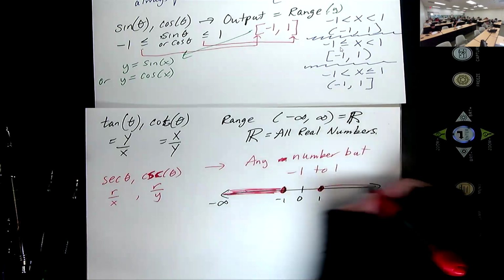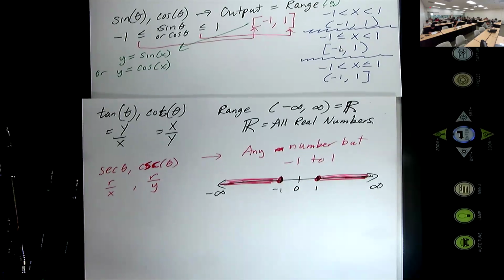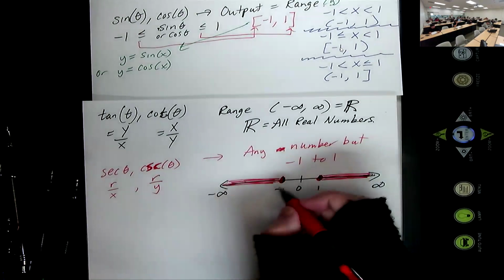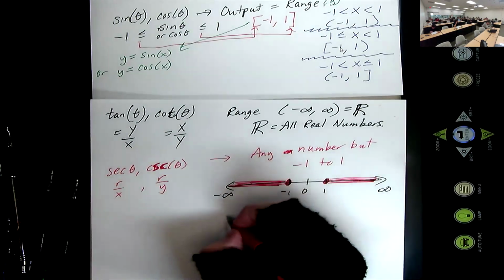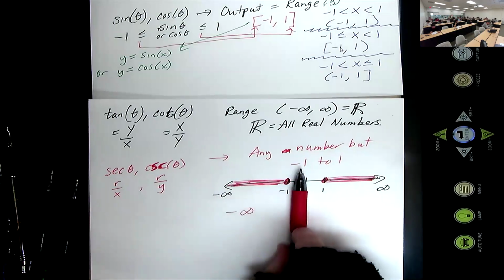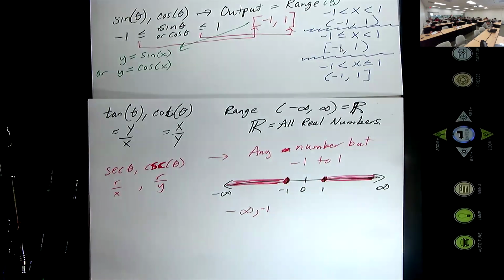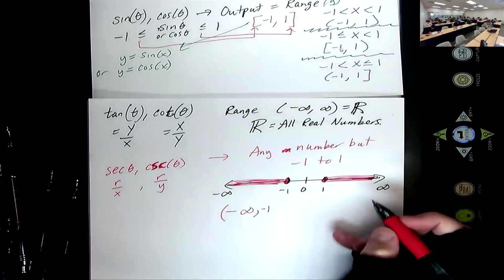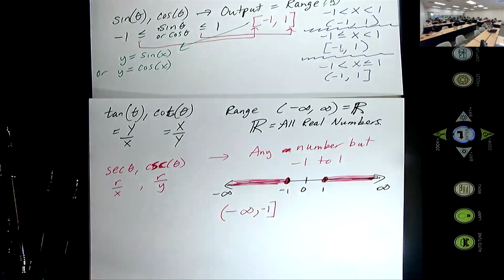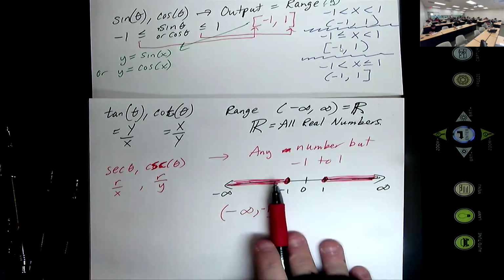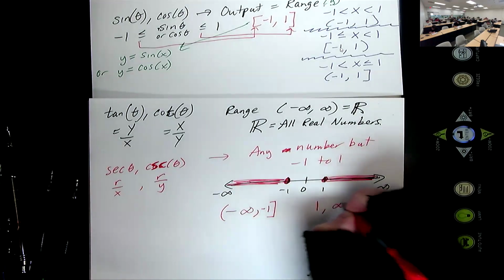So it's kind of like this on a number line. And the way we show this in interval notation is we do the pin thing again. It starts at negative infinity and stops at -1. The negative infinity always gets a parentheses, the -1 has an equal portion, it's filled in, so we're gonna put a bracket. Then it keeps sliding, there's nothing going on for a little while, and it starts up again at 1 and goes all the way to infinity.